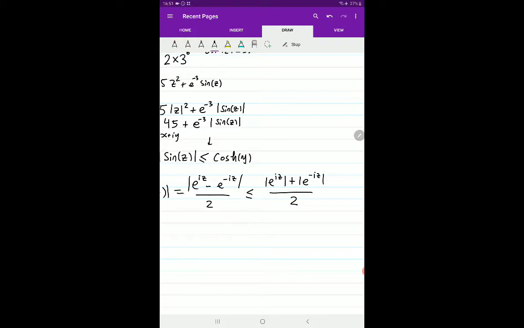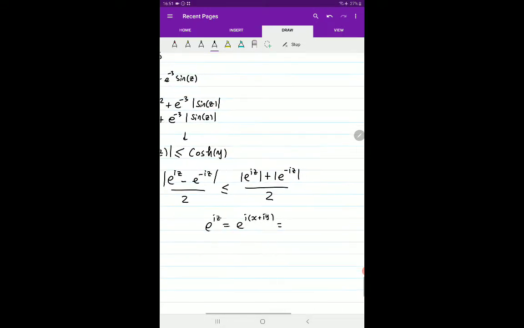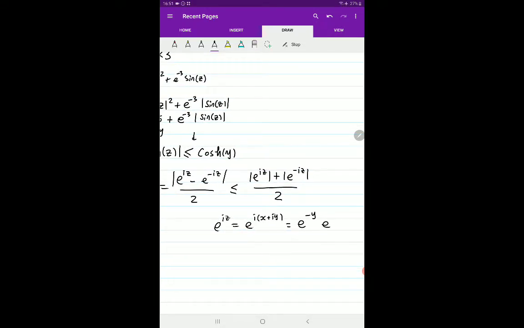Well, e to the iz is e to the i times x plus iy, which is e to the minus y times e to the ix. E to the minus iz is e to the plus y times e to the minus ix. So now if I take the absolute value, this is just 1.